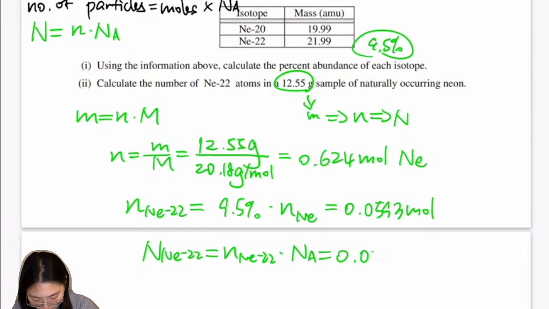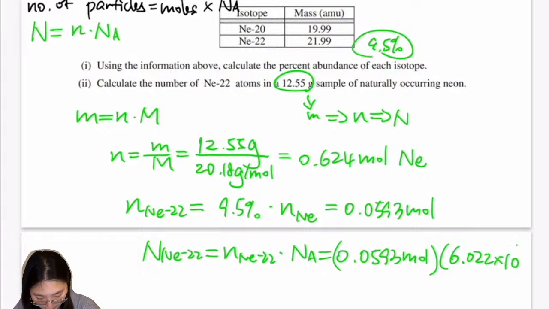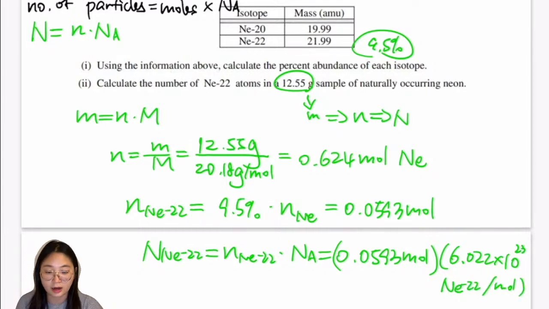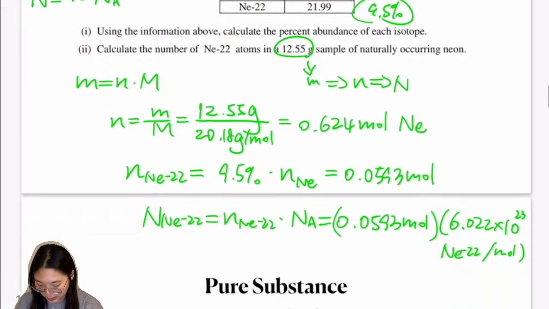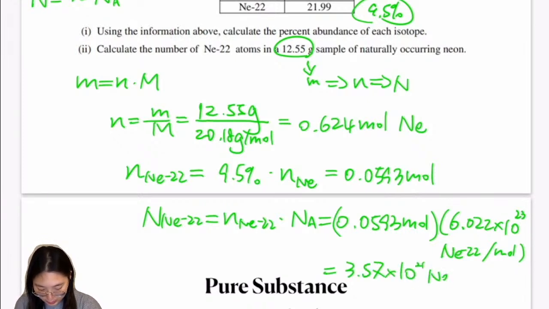So that's 0.0593 multiplied by 6.022 times 10 to the 23 neon-22 atoms per mole. And then by using a calculator, we get the answer of 3.57 times 10 to the 21 neon-22 atoms.